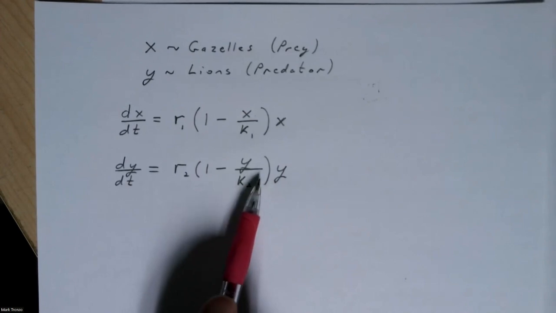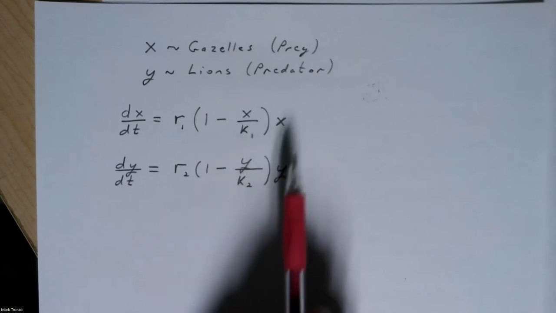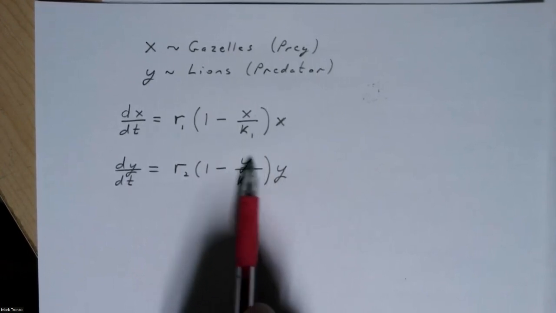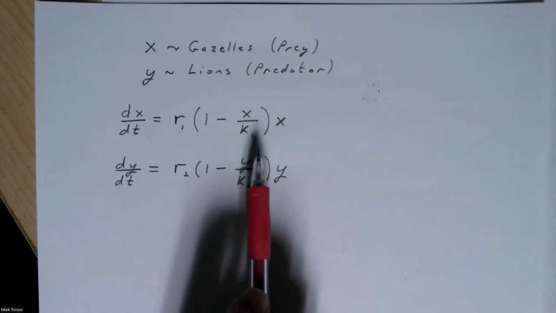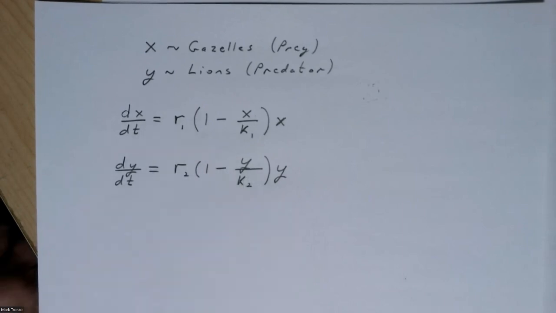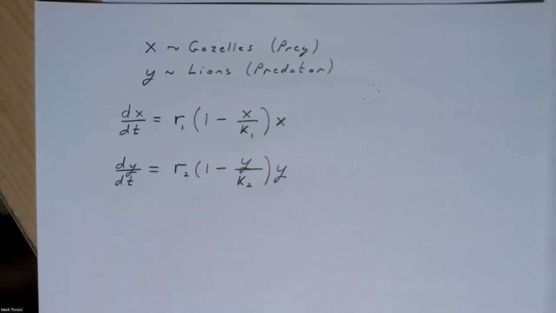Now, sometimes the carrying capacity could be very, very high, such that this term is going to be very small. And therefore, you can, in some cases, ignore it. If you have a really huge area that can maintain so many animals that you're never going to get to the maximum capacity, you could even make this term 0.